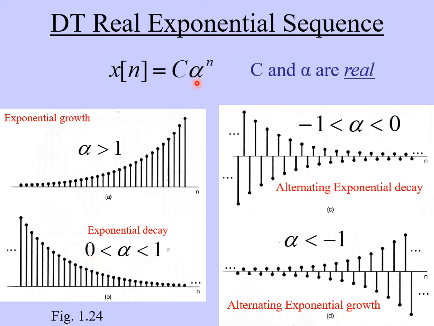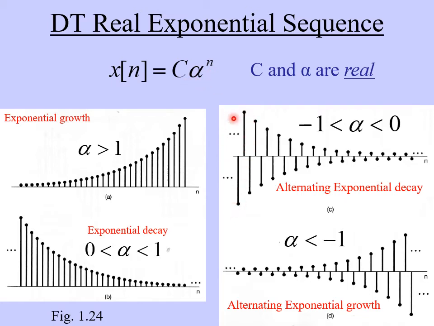Now, what about negative values of alpha? Well, here things get a little more crazy, because if alpha is a negative number, then remember n is an integer. So n goes 1, 2, 3, 4, 5. When we square a negative number, it's positive. But if we raise a negative number to an odd power, it's negative. So in other words, even powers of alpha, or when n is even, are positive, and when n is an odd number, our sequence is going to be negative.